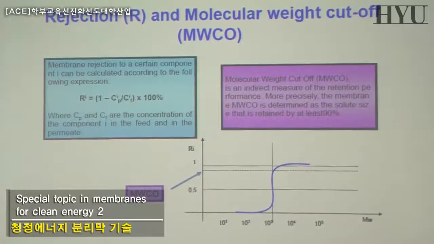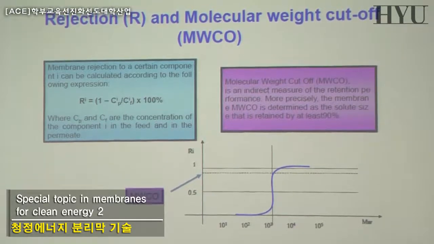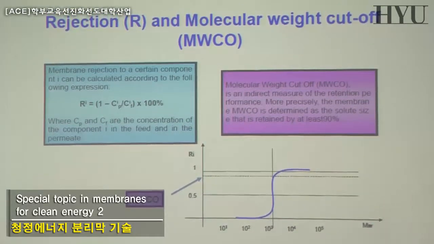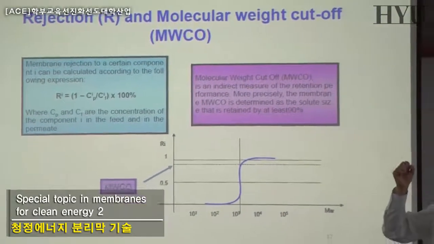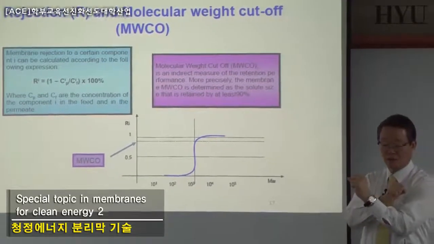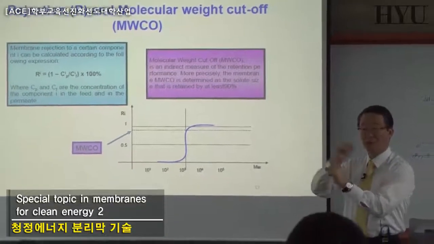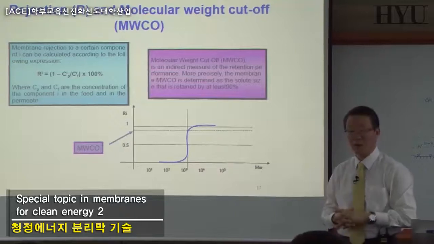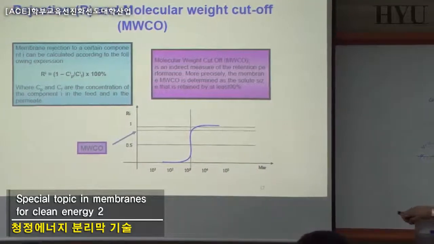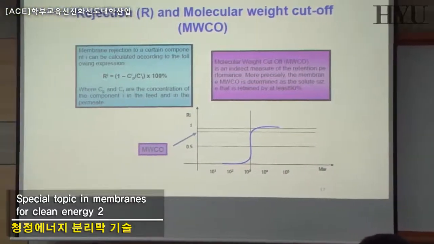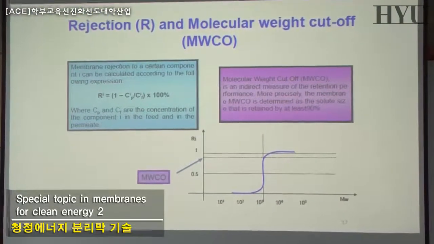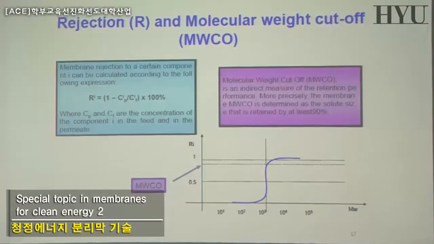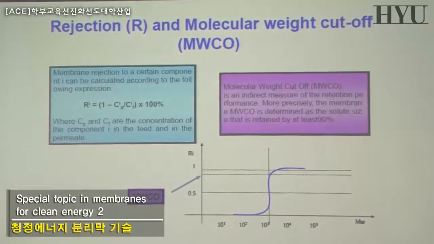So if you measure the concentration at both sides, for example, the concentration of your sodium chloride solution in the feed side and in the permeate side, you can measure the rejection. Rejection is very important for reverse osmosis, nanofiltration, and so on. So we have to know about this rejection concentration.